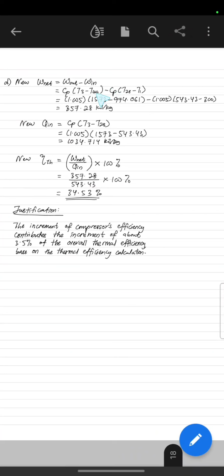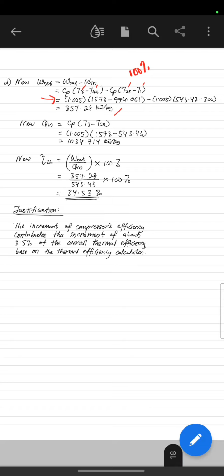First we still make use of the same work out, which is T3 and T4A, right? But now for your work in, you are going to make use only of T2S because of the 100% working condition, with no losses. And also we are going to have T1 over here. So you plug in all the values, and it will give you the new work net.